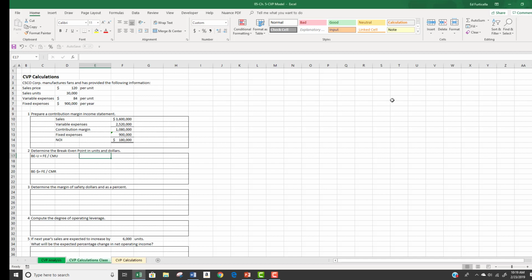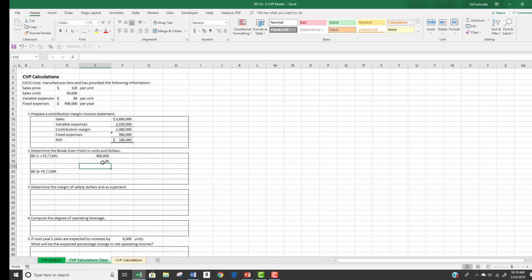So here I'm going to point our fixed expenses, $900,000. Then I'm going to calculate my contribution margin per unit. Remember, the contribution margin per unit is the sales price per unit minus the variable expense per unit. So I'm going to take the 120, subtract the 84, and I'm going to get $36.